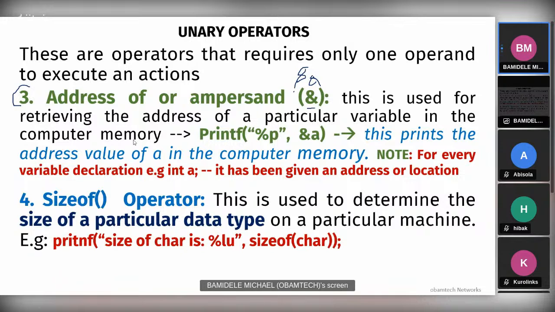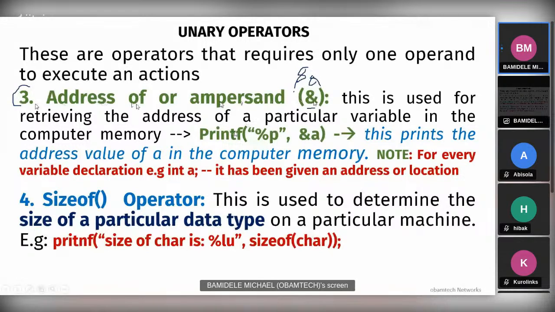So there is an operator used to get the address of a particular variable in memory, called the ampersand operator, or address of operator.